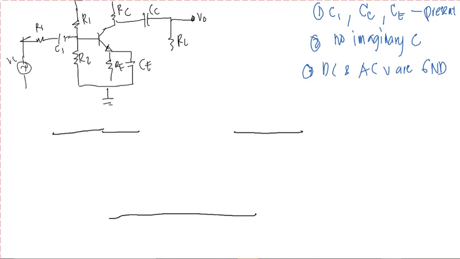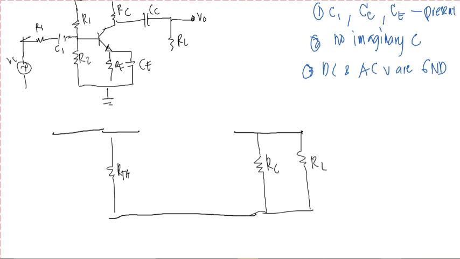Still the same, it is present in our circuit. First, we have your RTH, we have your RC, which is already given, and we have your RL. Here we have the given RS.